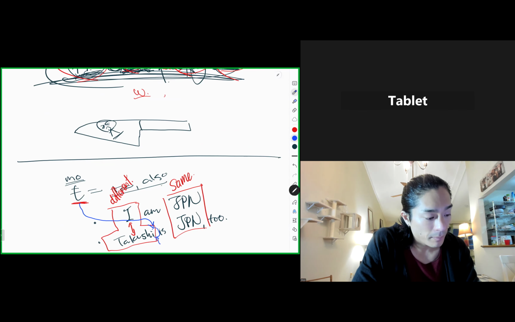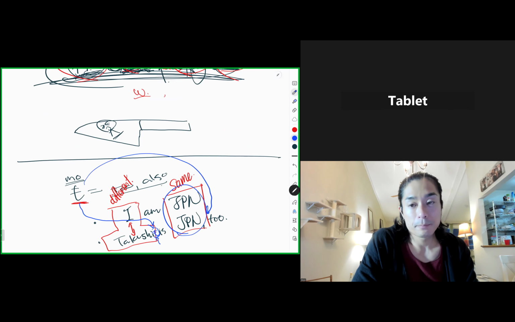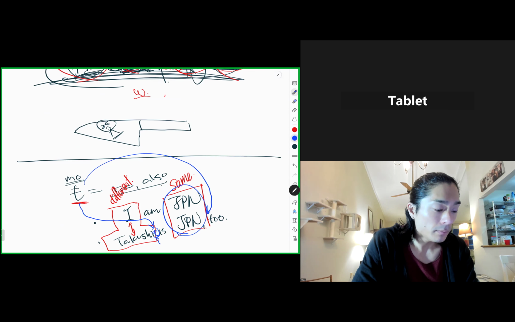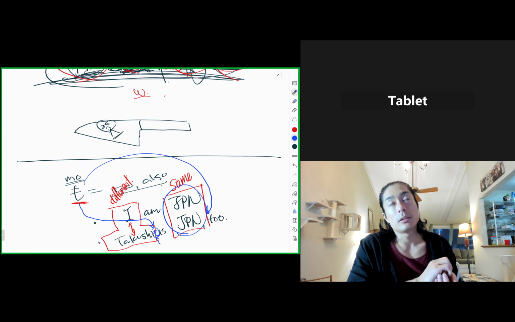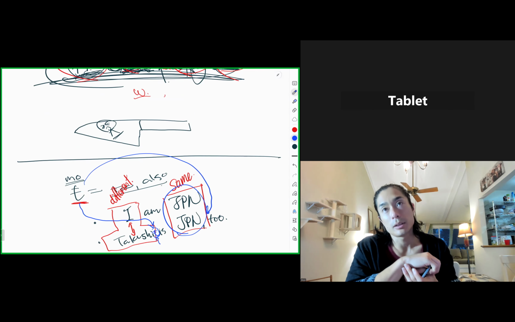Don't put it after the same info. This is one common mistake people make. Whenever you feel like using mo, ask yourself, is this the different, contrasting info that I'm putting mo on?